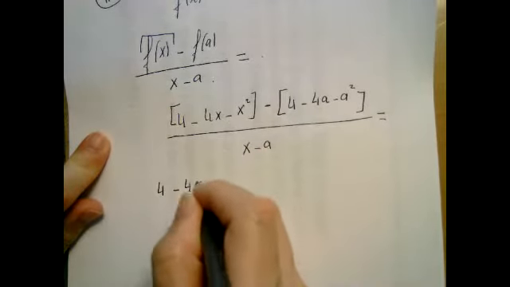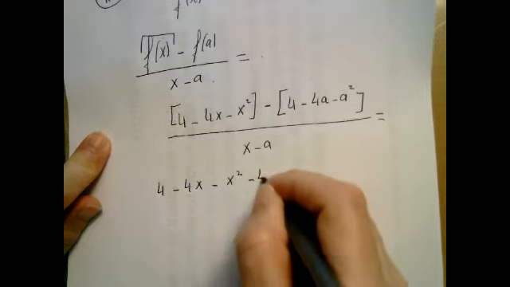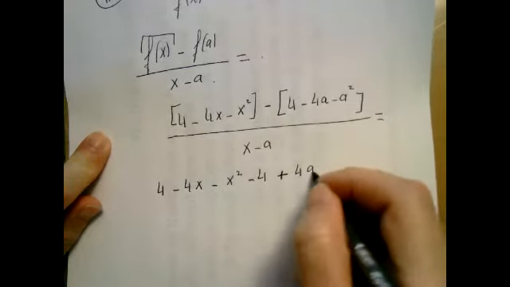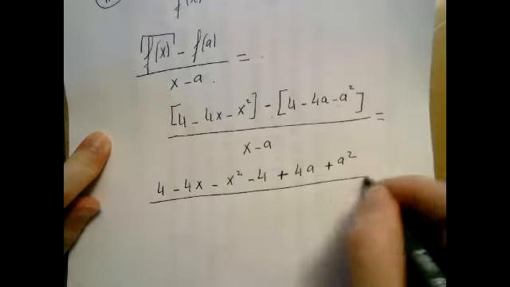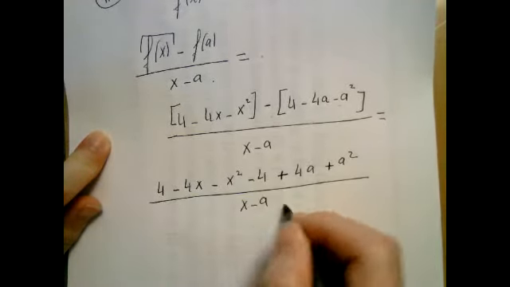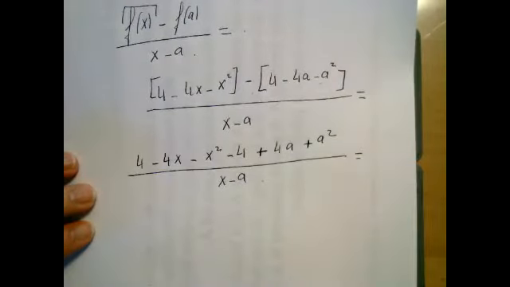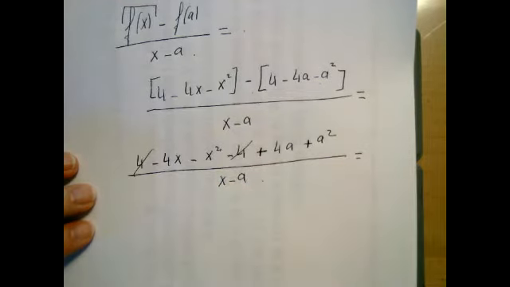That gives me 4 minus 4x minus x squared minus 4, plus 4a, plus a squared, over the quantity x minus a. Now I see if I can simplify terms. Plus 4 minus 4, they can simplify.